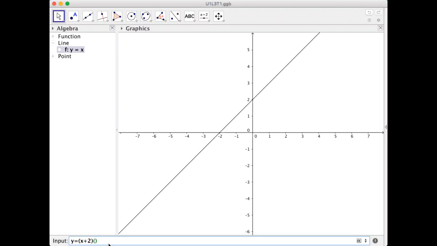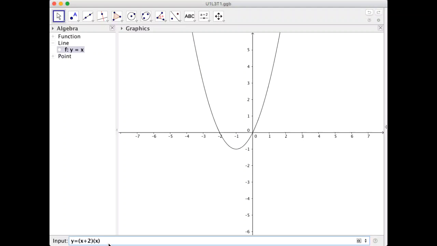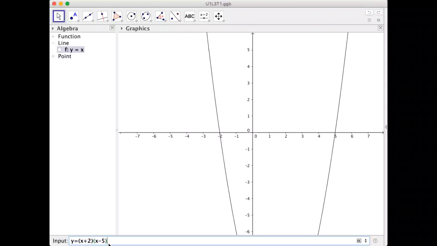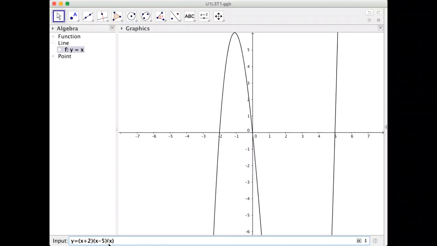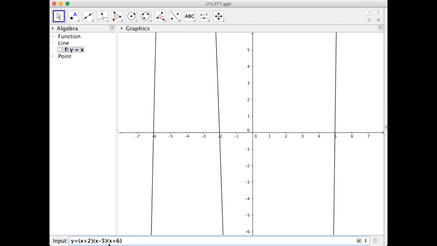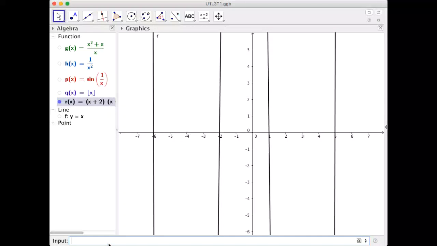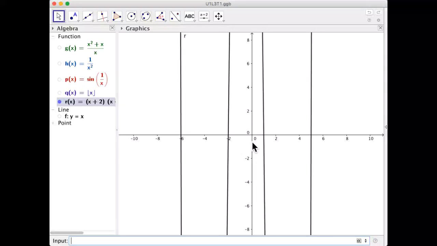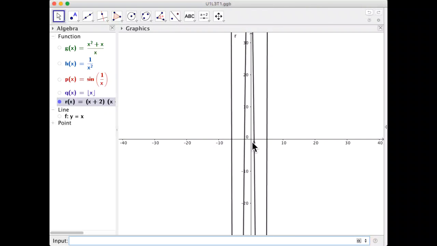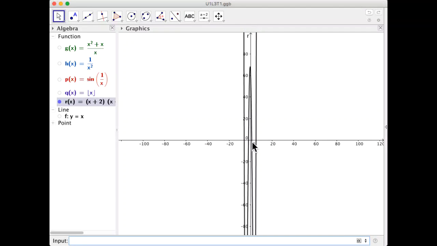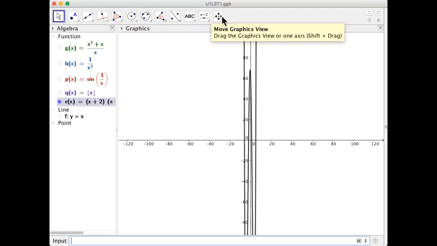You could do the graph of, let's say, like a polynomial or something. We'll do x plus 2, x minus 5, x plus 6. Oh, we need one more just to make it slightly more interesting. And let's do x minus 1. There we go. Okay, I'm going to zoom out because we clearly need a little bit more space here. Oh, I created a very, very tall graph.